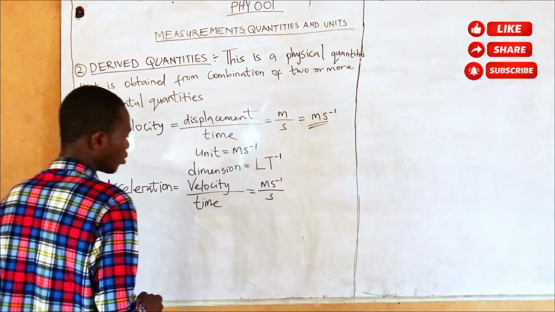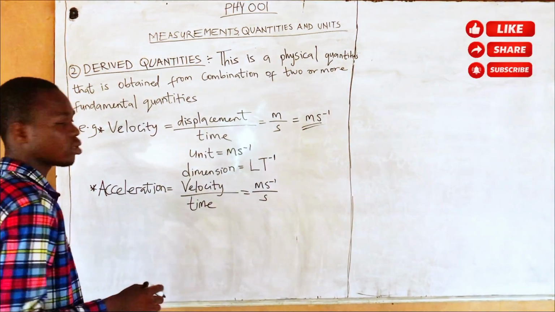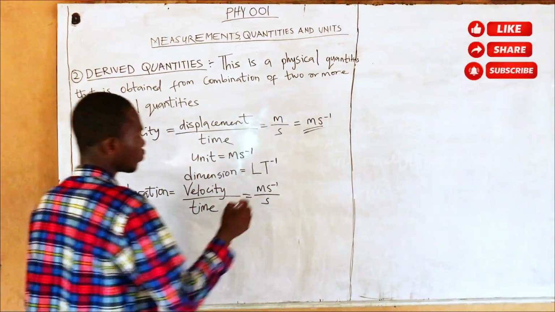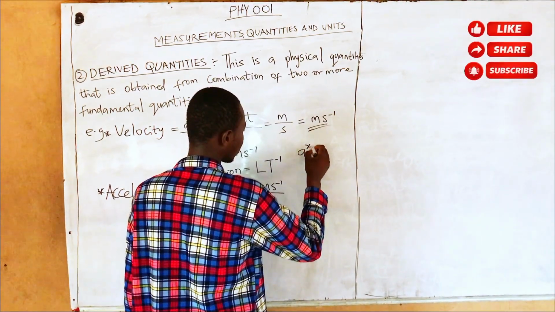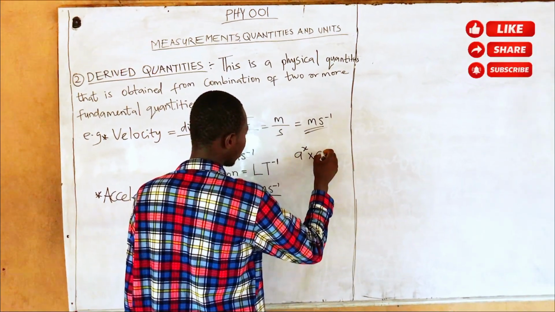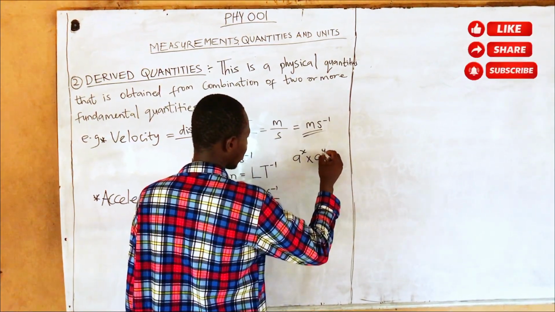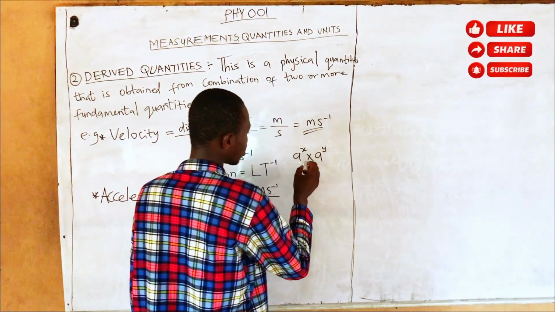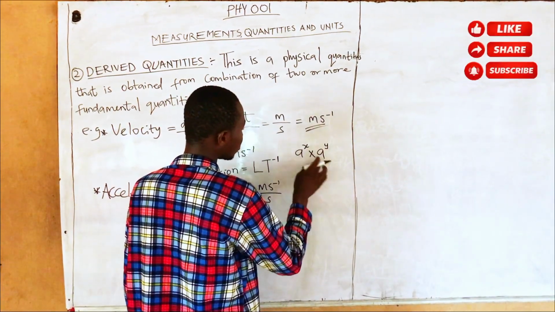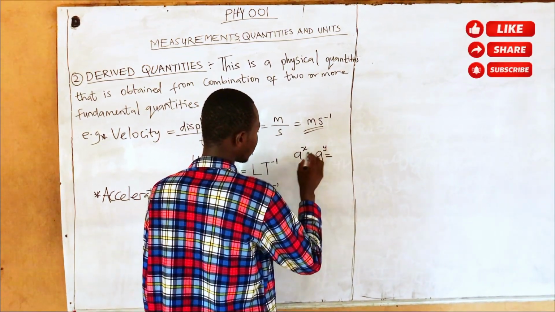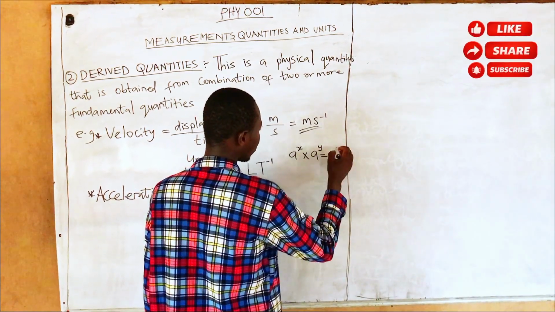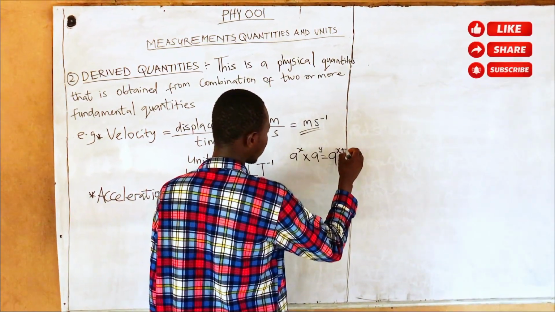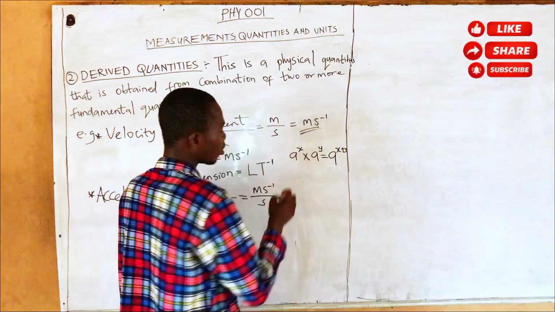And here, our time is also seconds. So according to the law of indices, if you have something like a to the x times a to the y, because they have the same base but different powers, you are going to add up the powers: a to the x plus y.